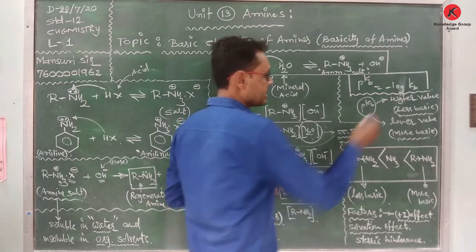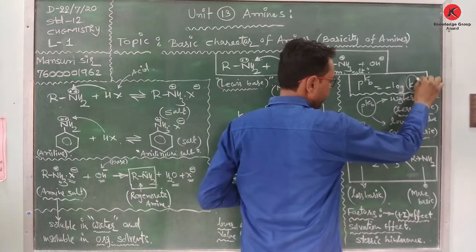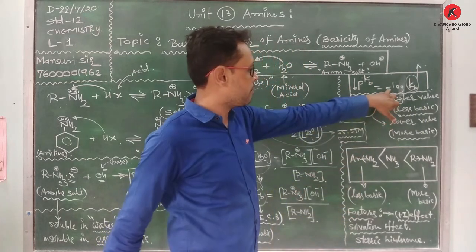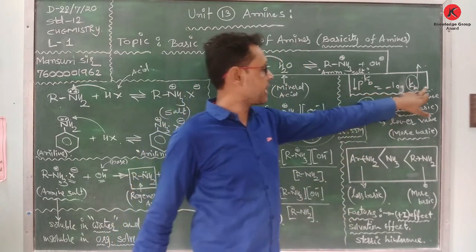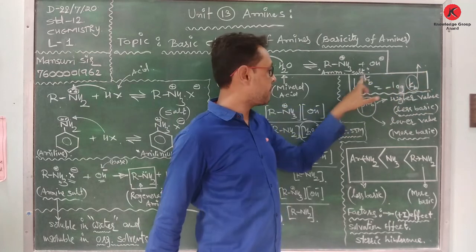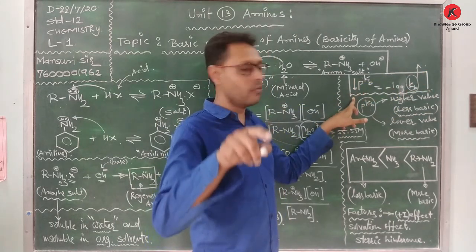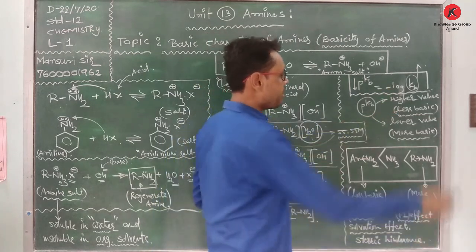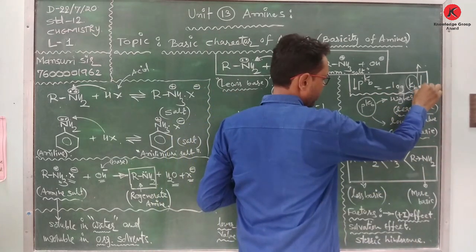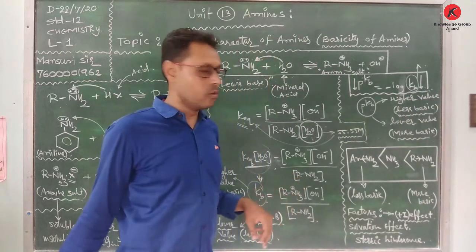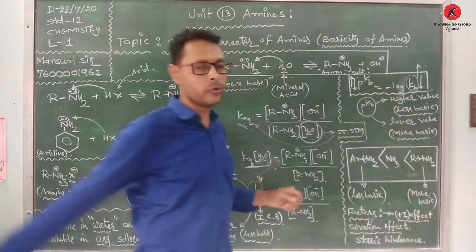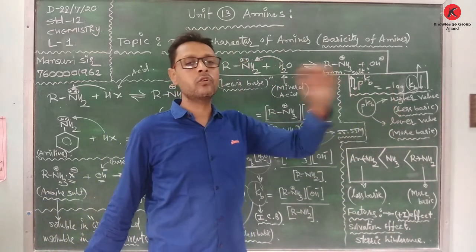So if Kb is higher, then pKb will be lower because of the minus sign. If Kb value is higher, then pKb value will be lower due to the minus sign of this formula. And if Kb is lower, then pKb will be higher due to the minus sign of this formula.